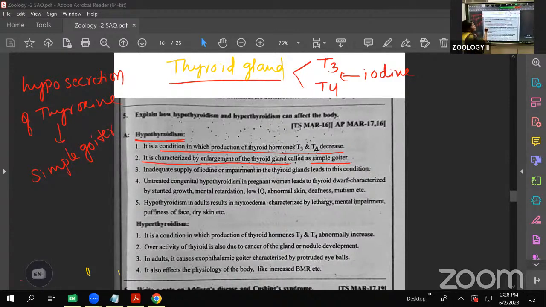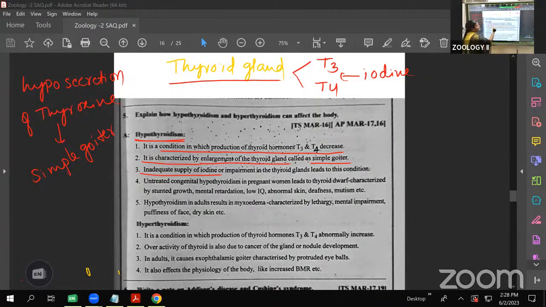Next, inadequate supply of iodine. Already I said iodine is in the salt, and it is compulsory for the synthesis of the thyroxine hormones T3 and T4.